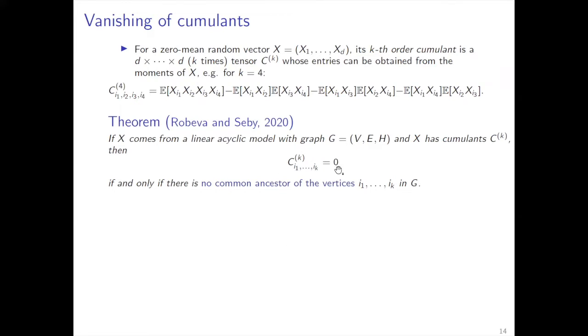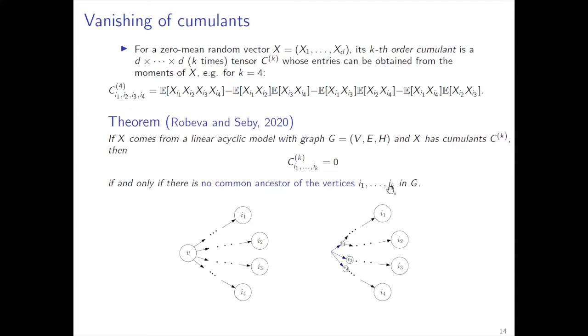The point is that we can say exactly when a cumulant entry vanishes. If you have a linear acyclic model with a graph that has these multi-directed edges, and X has these cumulants C_k, then C_k at this entry is 0 if and only if these vertices have no common ancestor. Here are my vertices i1 through ik; there could be repeats as well.